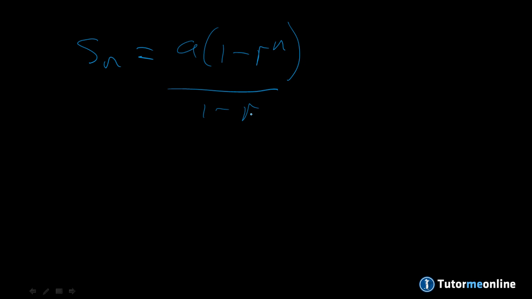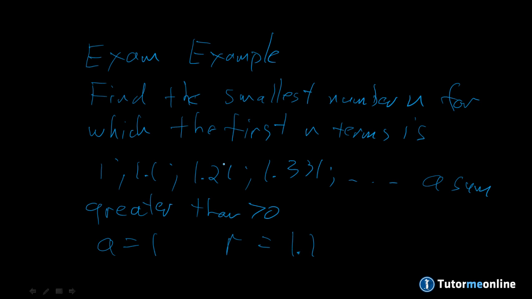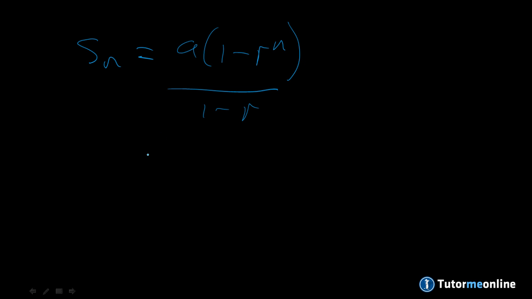Then we can simply substitute the values of a, which is 1, and r, which is 1.1. A very simple substitution, and this leads to 1 multiplied by 1 minus 1.1 to the power of n, divided by 1 minus 1.1.